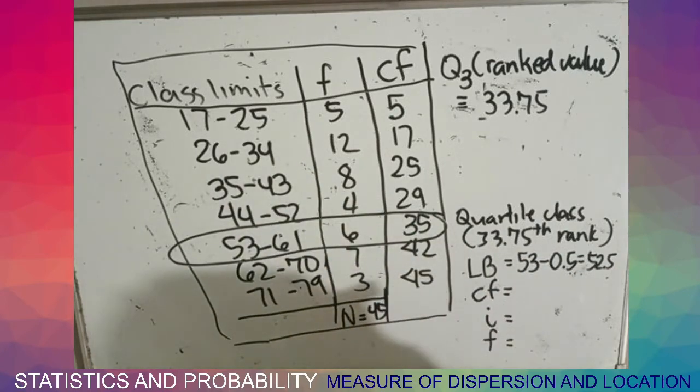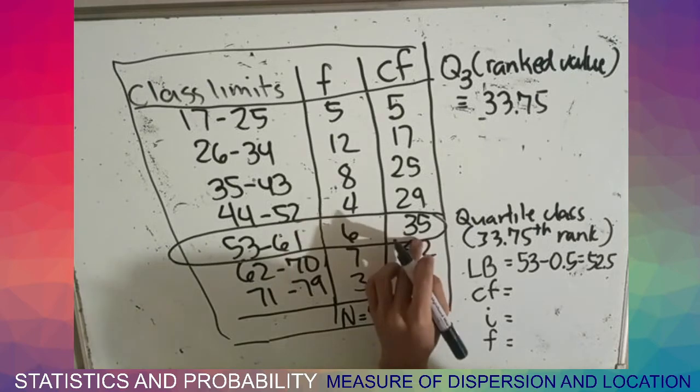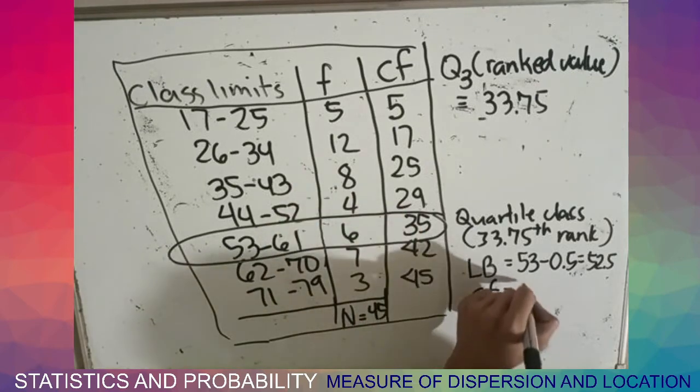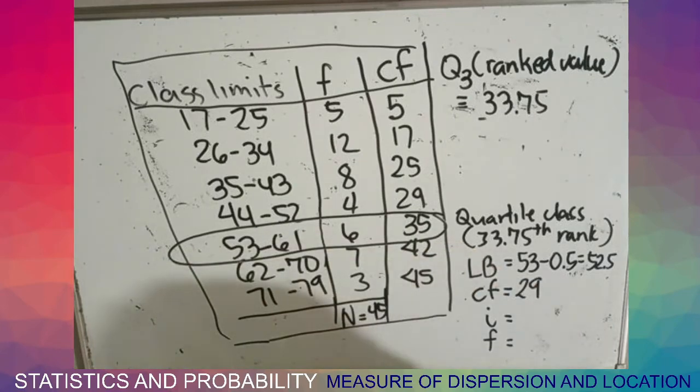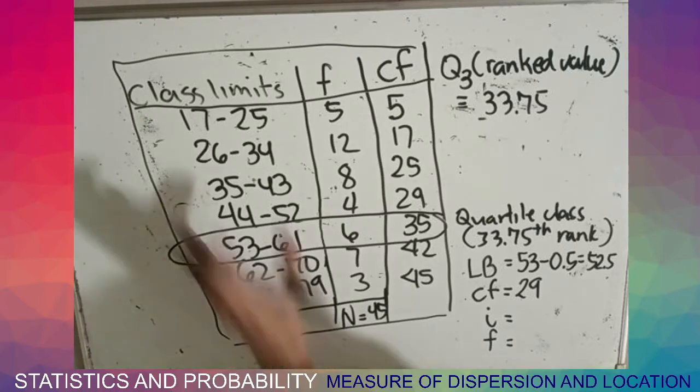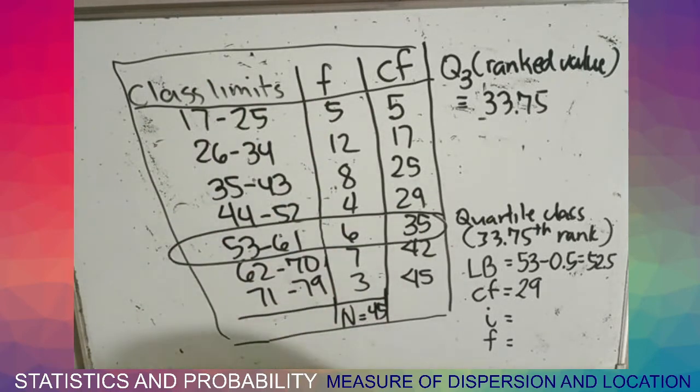Next, CF. Si CF is the cumulative frequency before the quartile class, ibig sabihin sa taas ng ating quartile class. So, si 29. Next, interval. Interval is kung ilan yung ating class limits ng ating frequency distribution table.